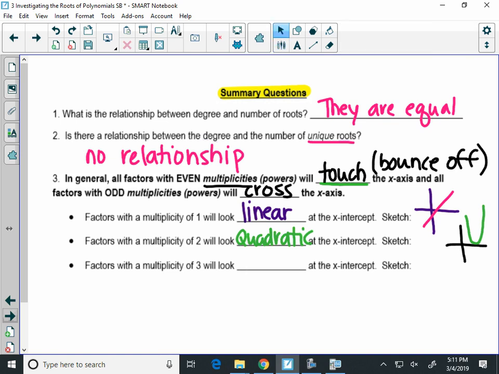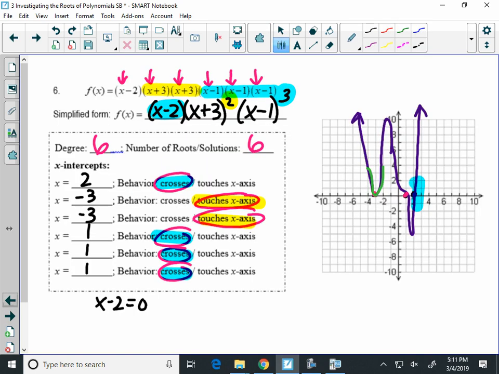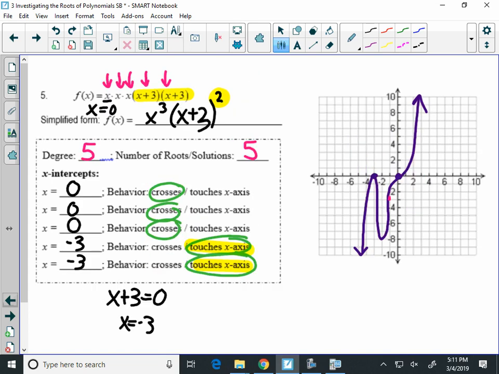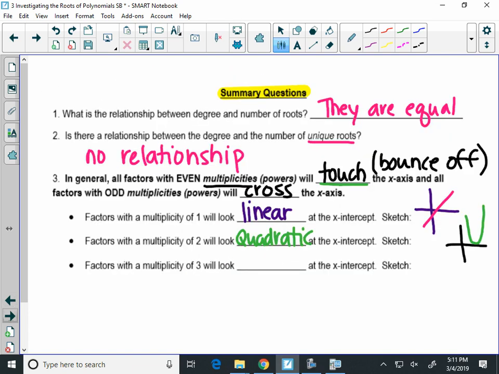Now finally, this is the cool one, factors with a multiplicity of 3. Well, 3 would be like this squiggly guy right here. Or this squiggly guy right here. Those actually look cubic at the x-axis. And a cubic function, like the parent graph here, squiggles through.